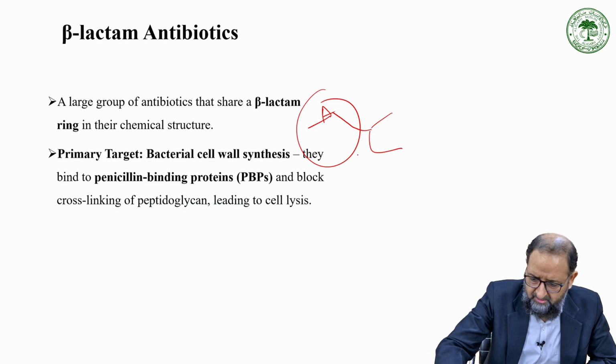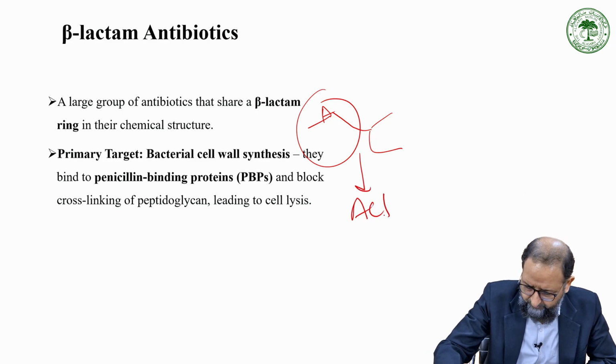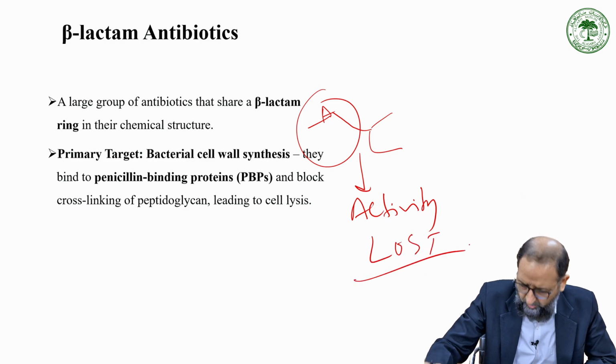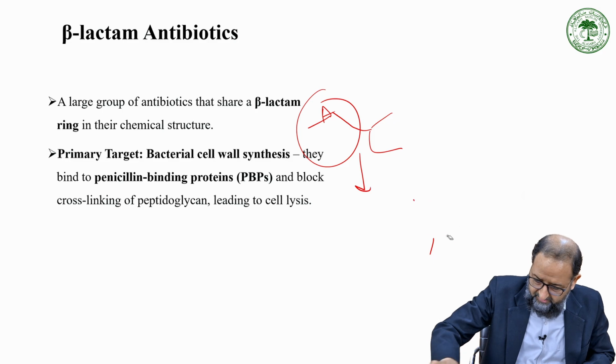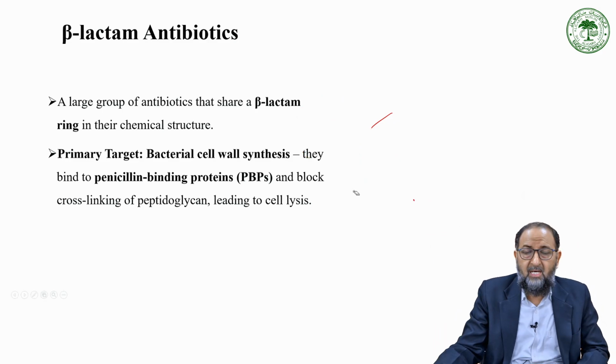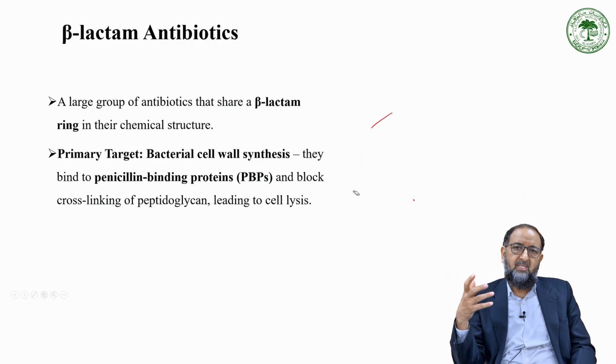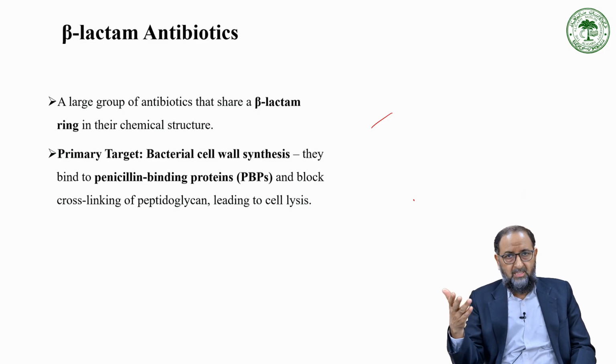After blocking the ring, the activity is lost. So this is how the antibiotic is degraded. Now, degradation of the beta-lactam ring of the antibiotic is responsible for the inactivation of the antibiotics, and such antibiotics will not act on the target. It will not bind to the penicillin binding protein.